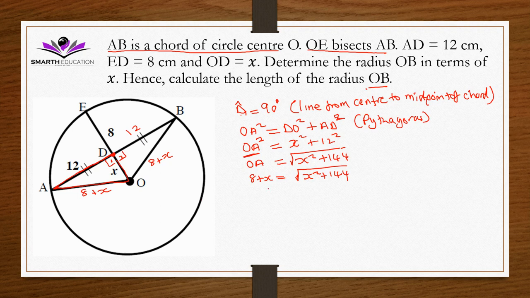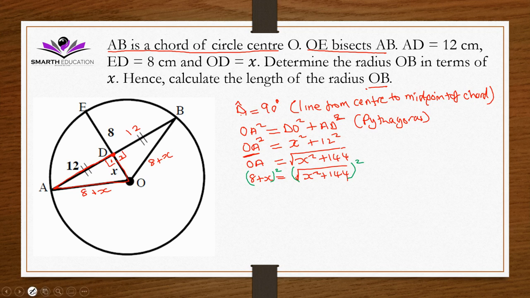We square both sides, because we have to isolate the surd. It's already on the right hand side, so we can easily square both sides here.